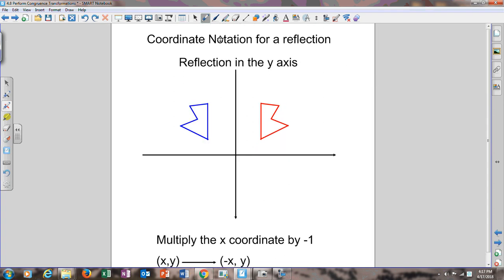If it's a reflection in the y-axis, you could have drawn all three of those on the same figure, like boom, boom, and then boom, boom, down here. If it's a reflection in the y-axis, then you just multiply the x-coordinate by -1.